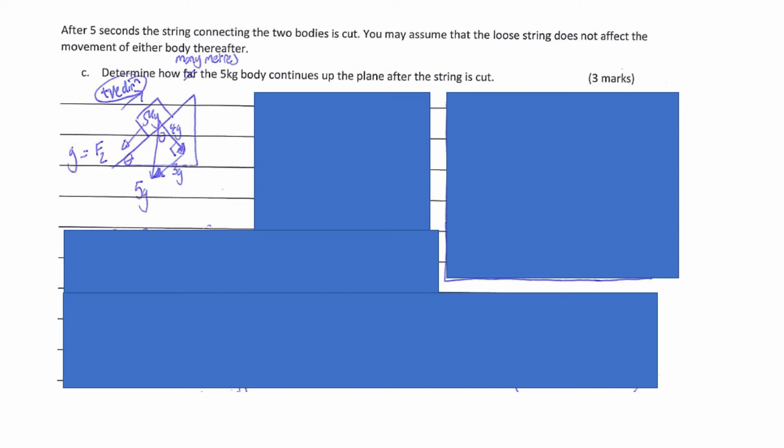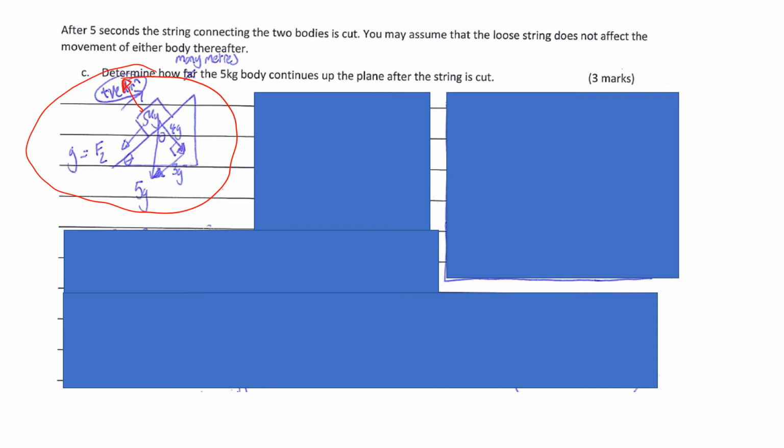So first things first, draw yourself a nice diagram of what's happening in this revised situation. So there's its weight force. Of course, I don't have the normal reaction force. If it was going to be a full force diagram, it'd be working perpendicular to the plane, but there is no force causing it up the plane, just the two forces.